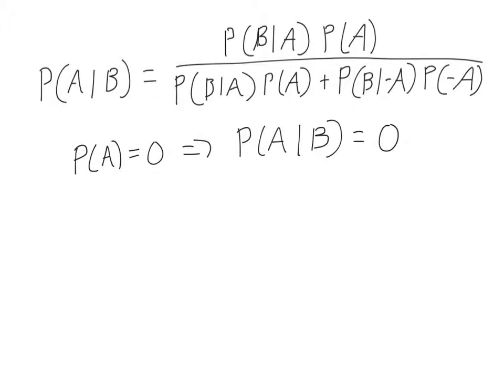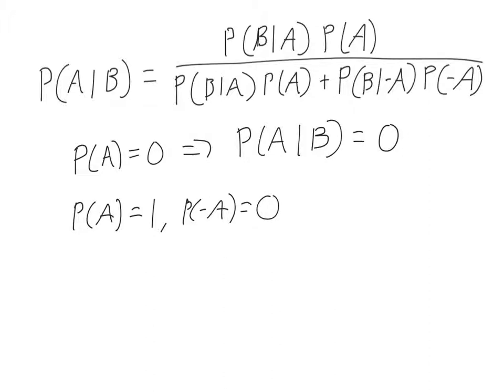Now, also consider the case that probability A is 100%, or equals 1. In that case, that also means the probability of not A is 0, again just because of our definitions of how these things work.